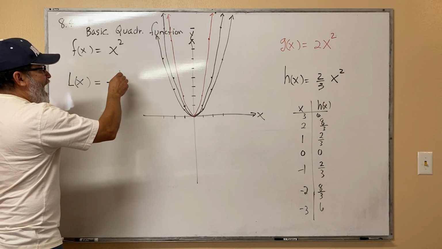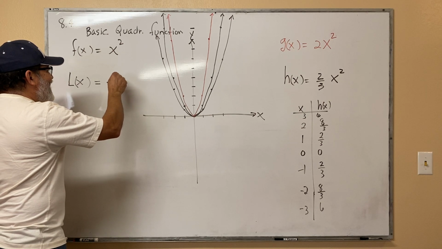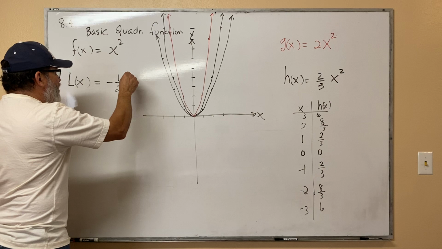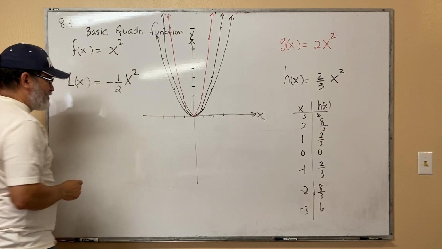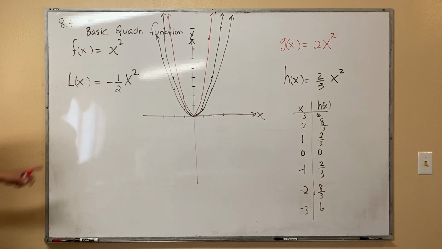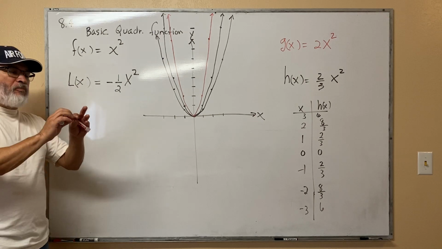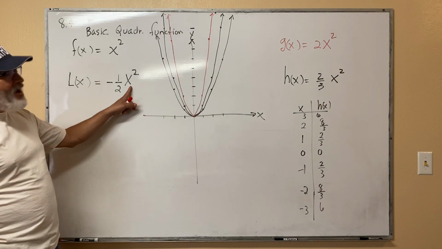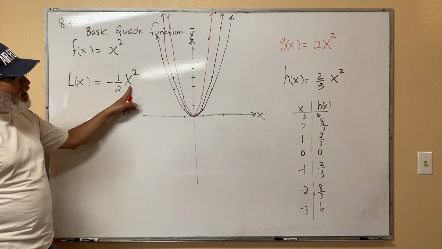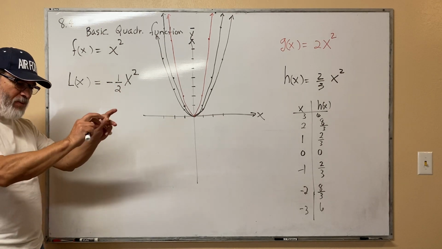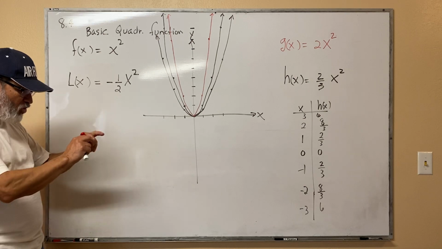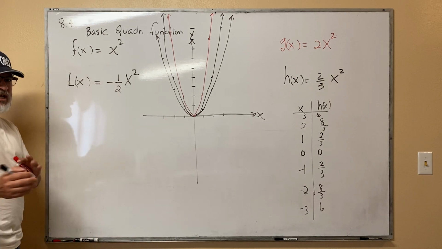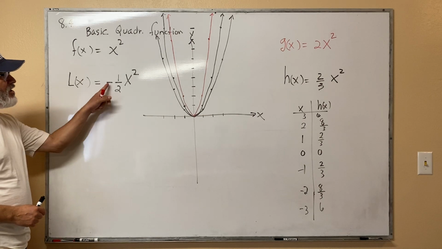Should we say -1/2? -1/2 x squared. So this parabola is going to open down. This negative means it's going to open down, multiply by half. It's -1/2, but I'm saying it opens down.